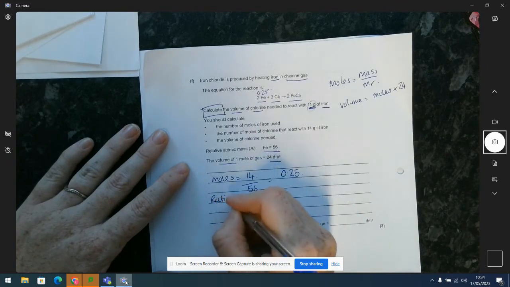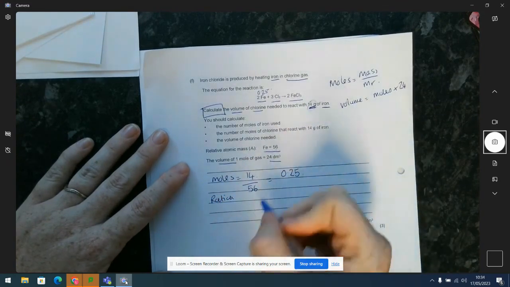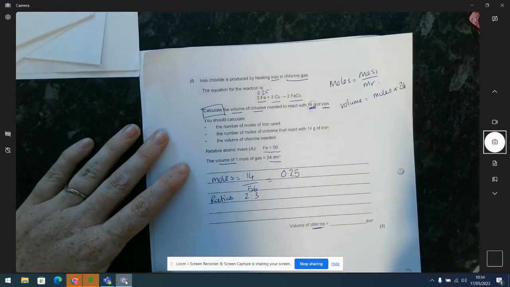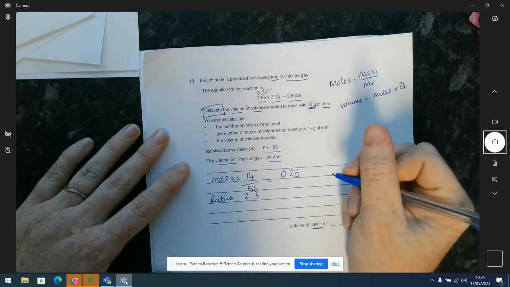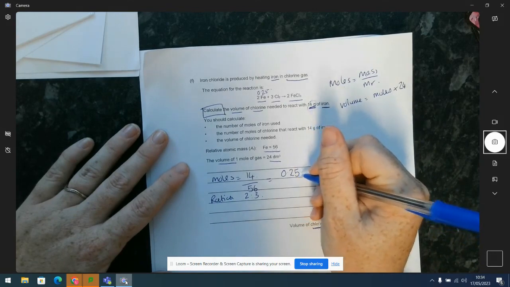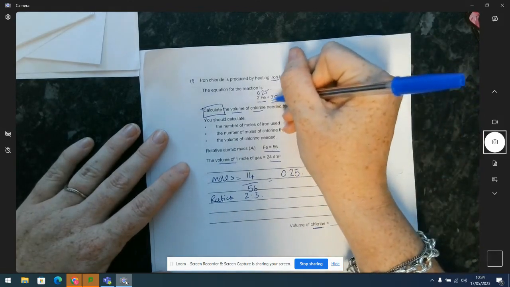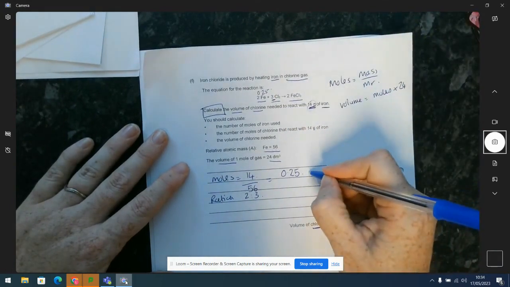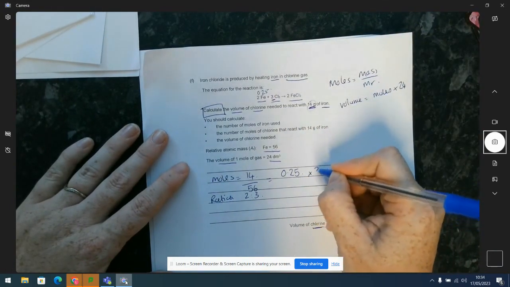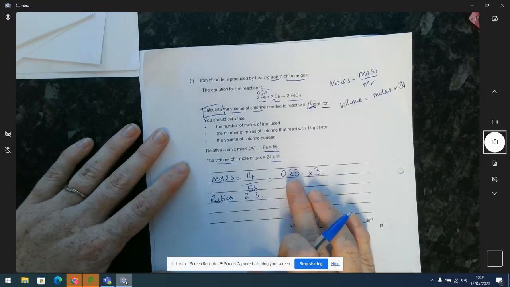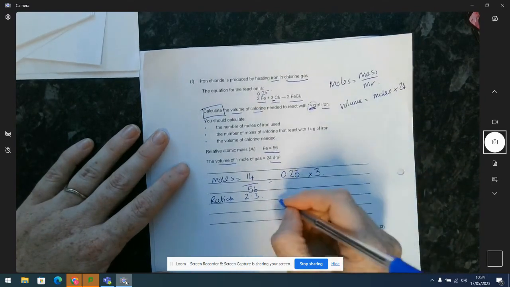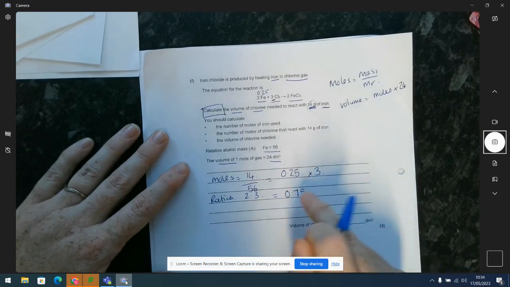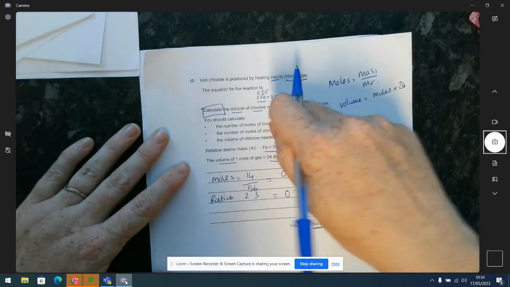So, because I'm being asked to calculate the volume of chlorine, the ratio is 2 to 3. So essentially, if I wanted to work out what 3 moles of that substance would be, then I would in fact times that by 3 because I've worked out that's for 1 mole. So 0.25 times by 3 is going to give me 0.75. So that's the mole value for my chlorine.